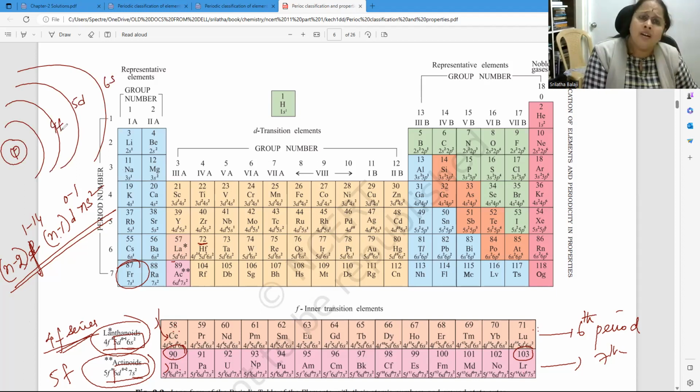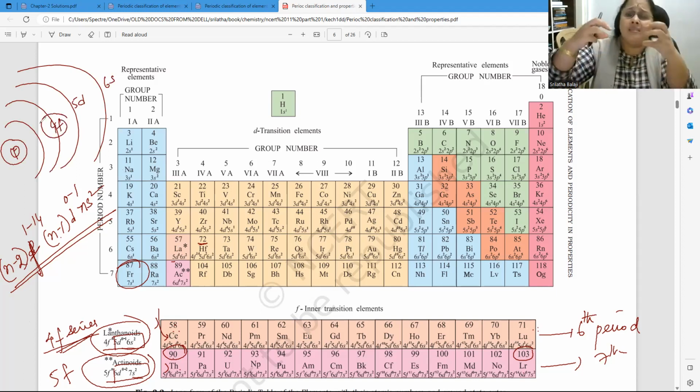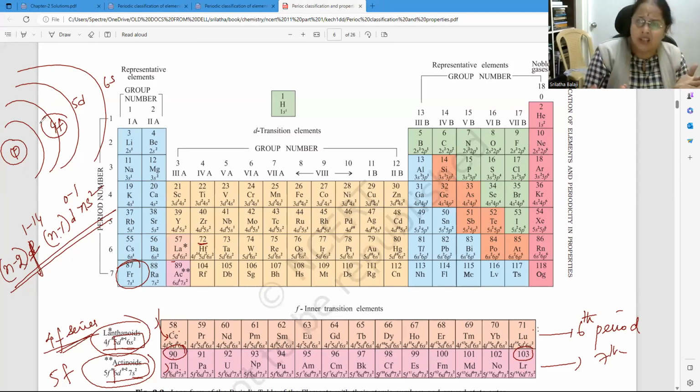Do you think the 4f electrons, which are deeply buried in the shell, will come out to take part in reactions? Do you know which electrons easily take part in chemical reactions? The valence shell, the outermost shell, and to some extent the penultimate shell, the n-1 shell.